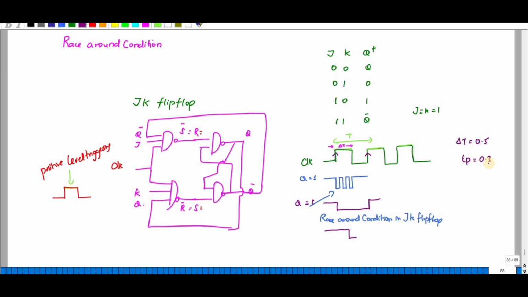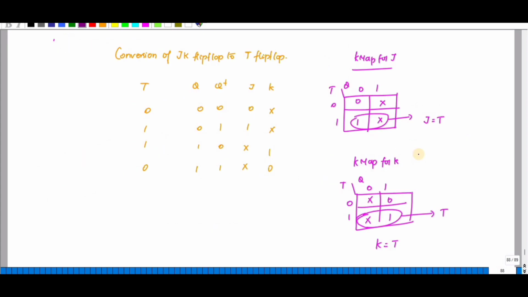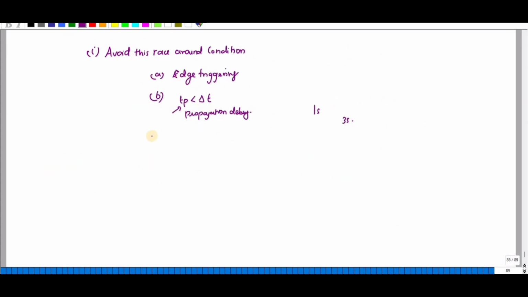During that time the positive level triggering time is less than that. If this condition is satisfied, you can avoid the race around condition.